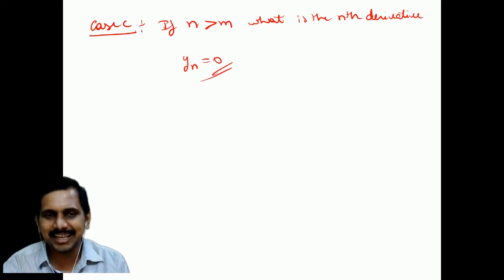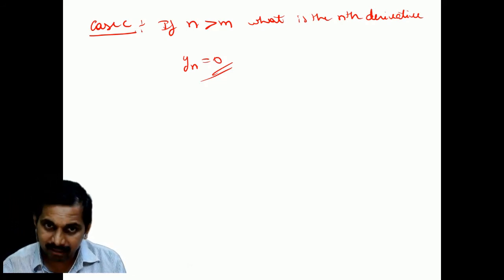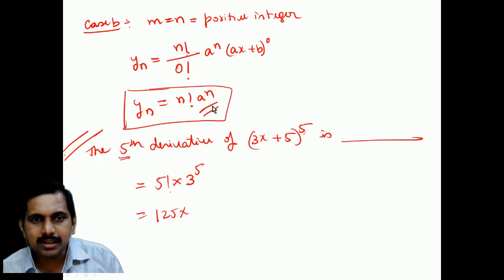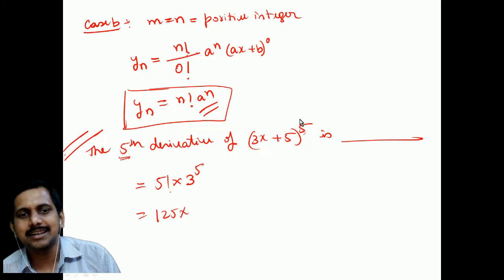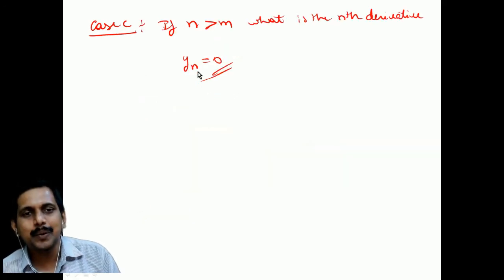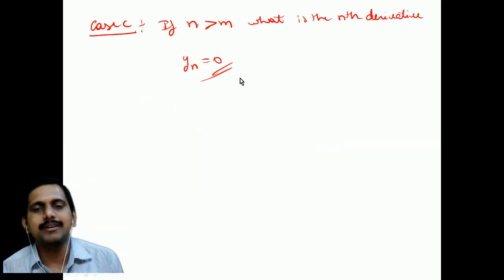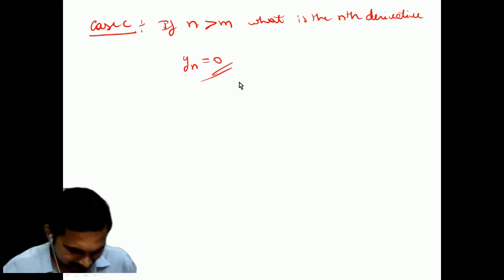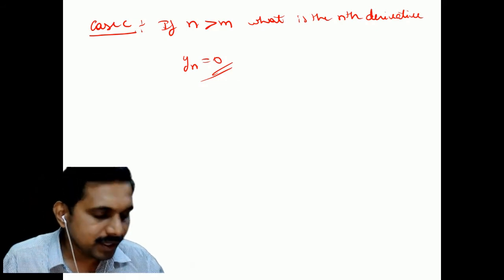If n is equal to m, then you will get a constant, students, here. Correct. This is a constant where n is equal to m. When n is greater than m, the nth derivative is always 0. Okay, fine. Next one.